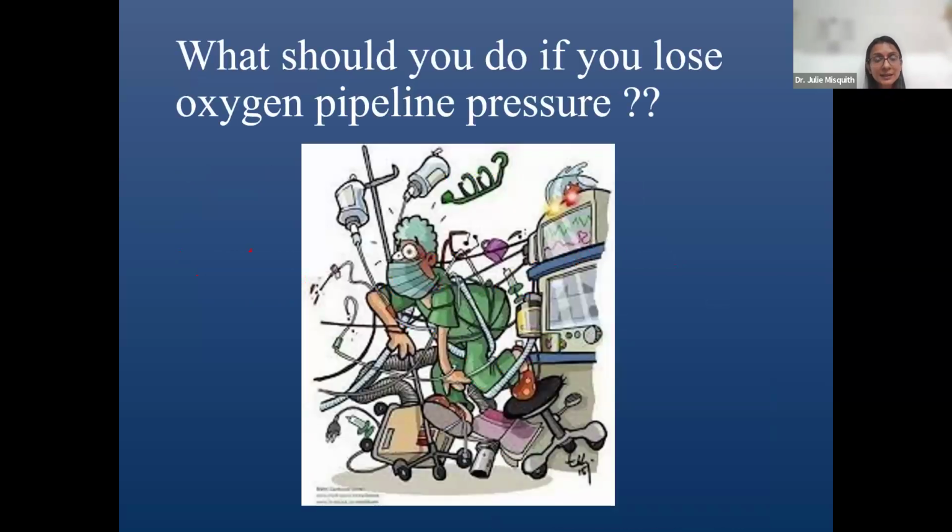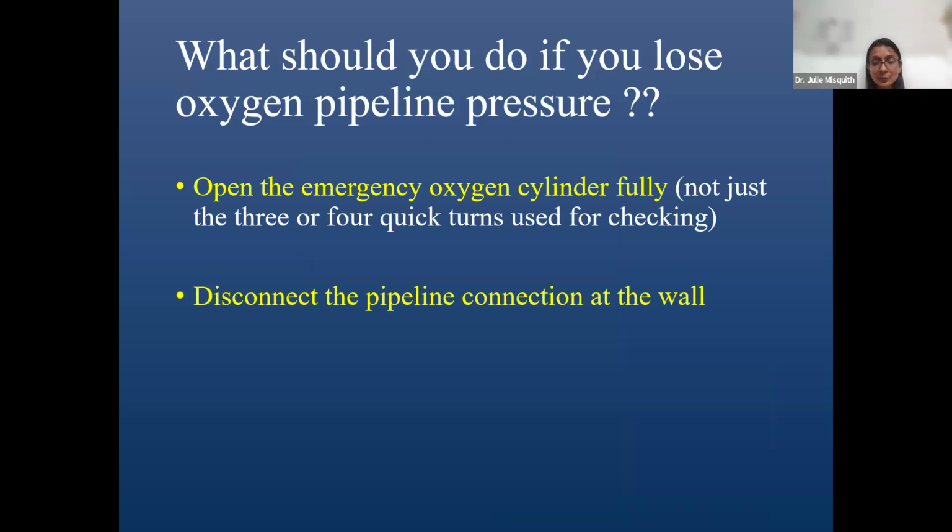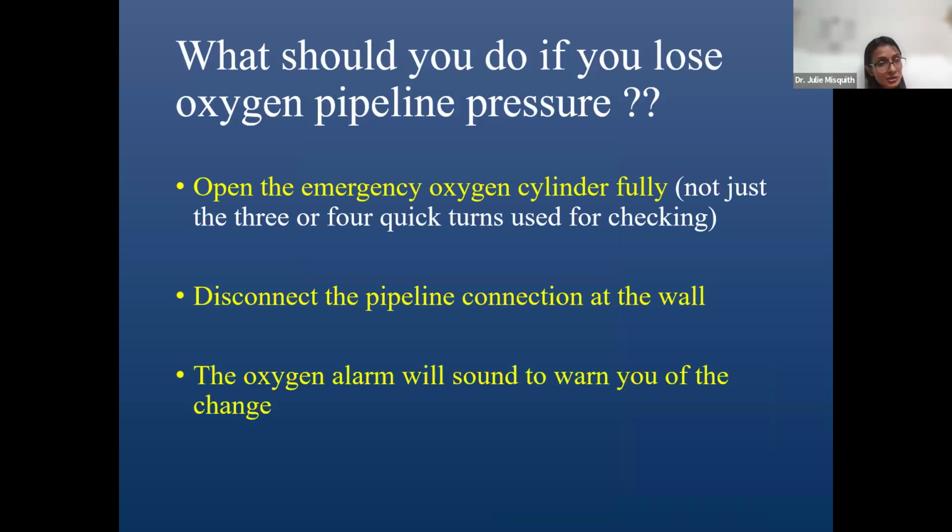So basically, in the intermediate system, what should you do if you lose oxygen pipeline pressure? The first thing is to open the emergency oxygen cylinder fully, not just as you do to check the machine, open it fully. Disconnect the pipeline connection from the wall. The oxygen alarm will sound to warn you of the change.